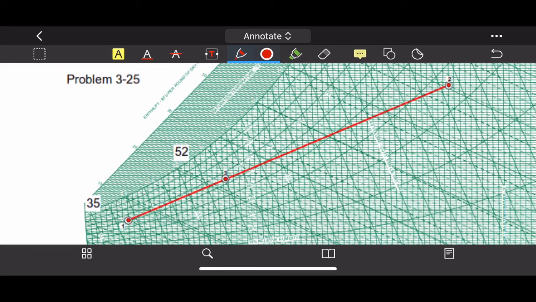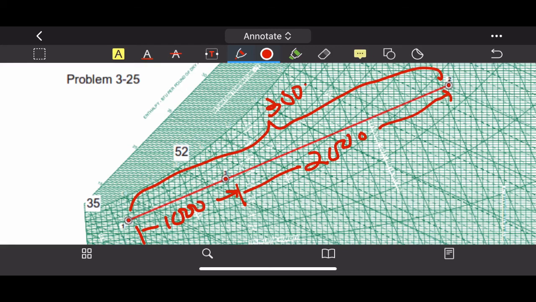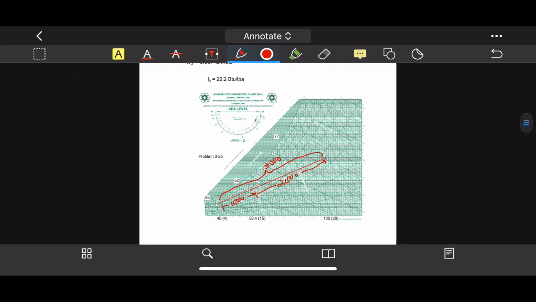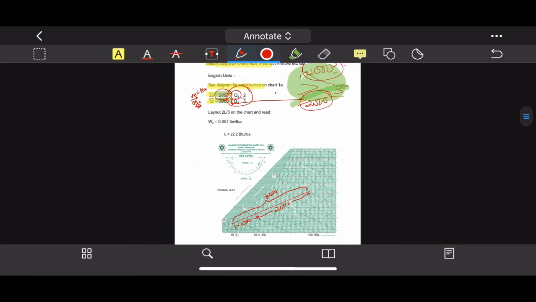Alright, so 3 to 2 is 2000. From here to here is 2000, and this is 1000, and all together from 1 to 2 is 3000, right?